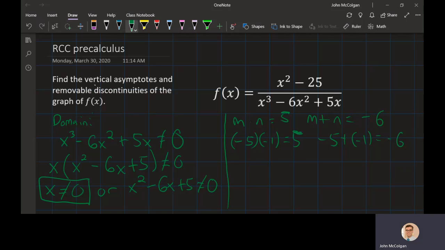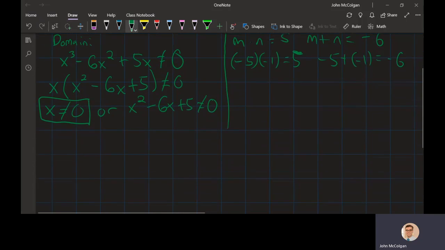So that means that this polynomial factors into x minus 5 times x minus 1. And we want this to not be equal to 0.